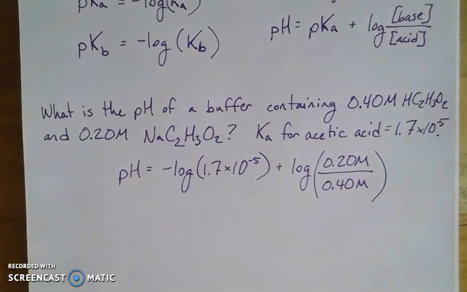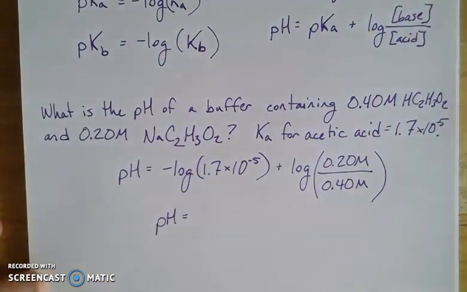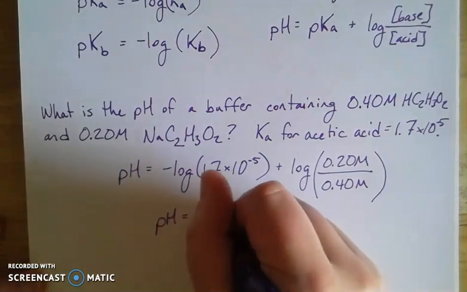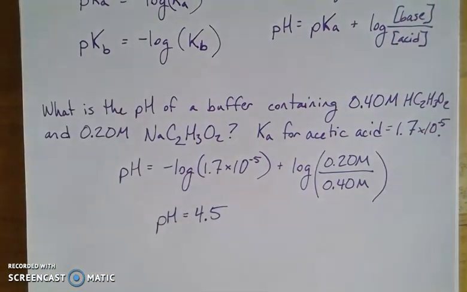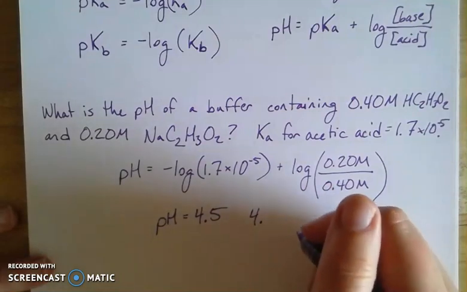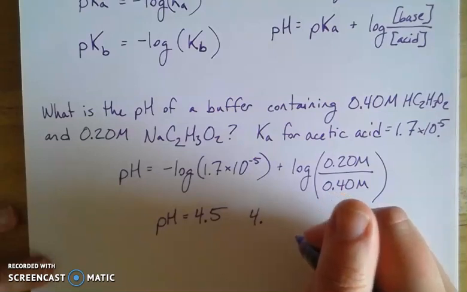Okay, so this is just a number that we can plug into our calculator. When we add them together, we end up with a pH of... I have 4.5 in my notes, but it looks like it would actually be 4.4-something.